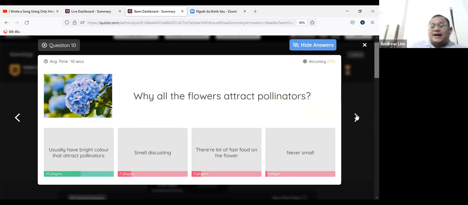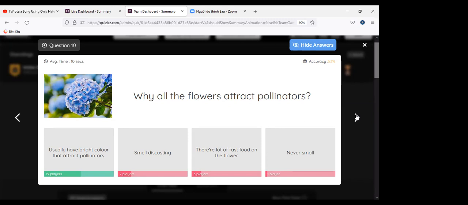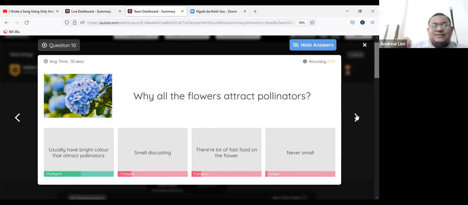You need to have bright colors so that when the insect looks at you, wow, so beautiful, I come over. This is how the flowers attract the pollinators. So the question should be, how do the flowers attract pollinators? The answer is bright colors. When the color is bright enough, they see, yeah, so pretty, I'm coming here now.